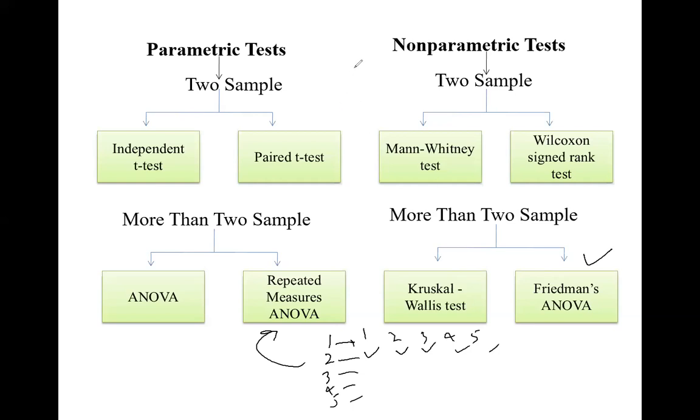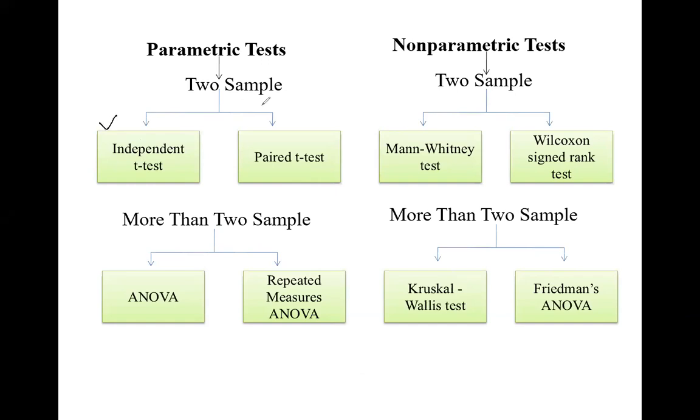So before applying any statistical tool and technique, we should think about the concept of the particular tool and technique. If you want to compare 2 groups, the independent t-test is the effective technique.